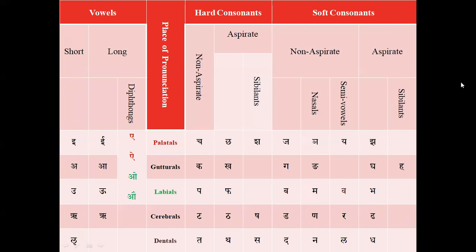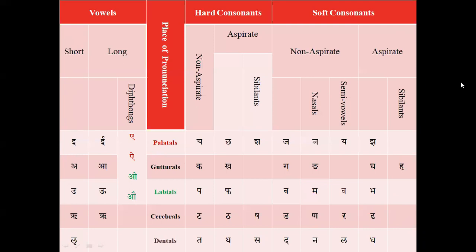The semi-vowel ya is palatal. And under the soft consonant and aspirate, jha is palatal. So whatever we have seen so far is put in a table, summarizing the whole thing. So these are the palatals.